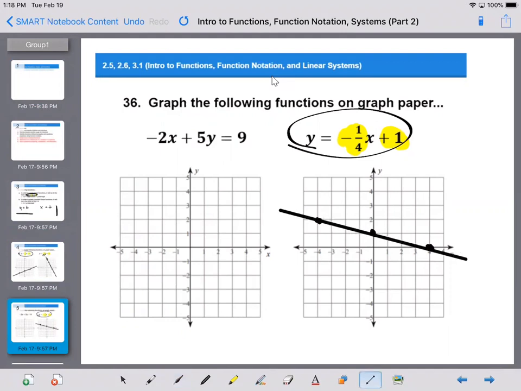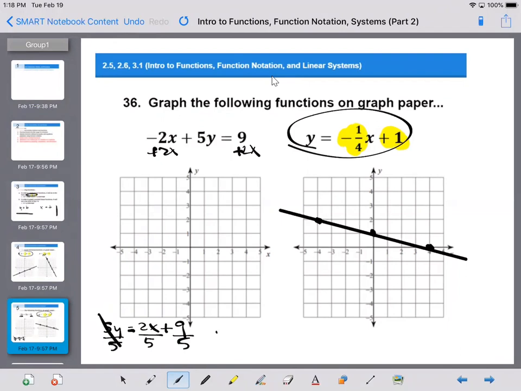Over here, it's not solved for y, so we want to go ahead and do that. So I'm going to add 2x to both sides, and that's going to be 5y is equal to 2x plus 9. And so each side will be divided by 5.